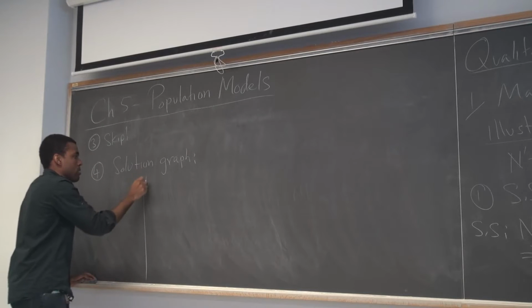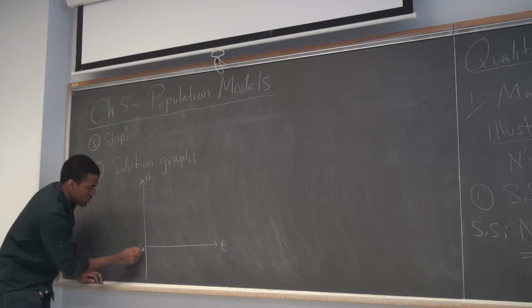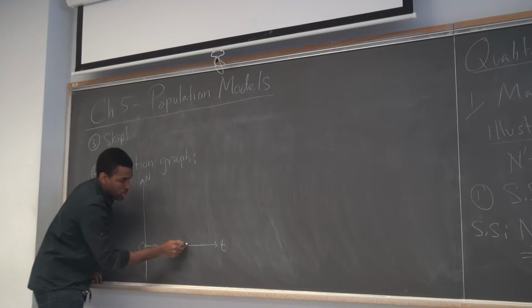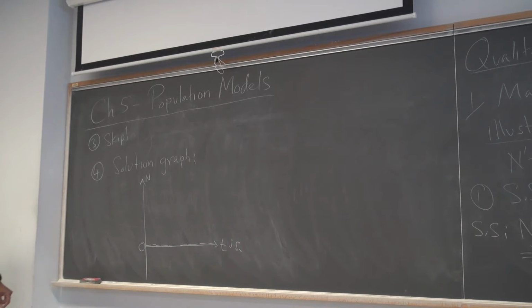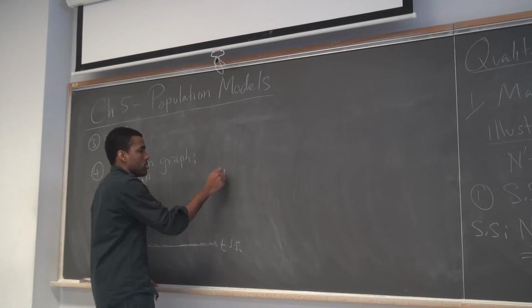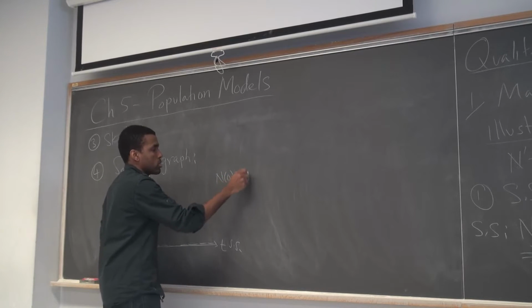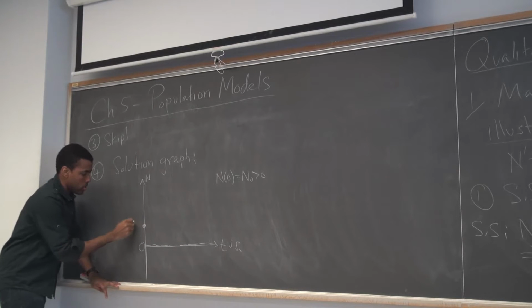So now we want to graph n versus t, where 0 is our steady state. So suppose that the population starts with n0 equals some positive number, right? So it starts at n0.